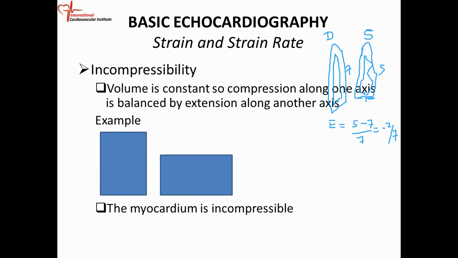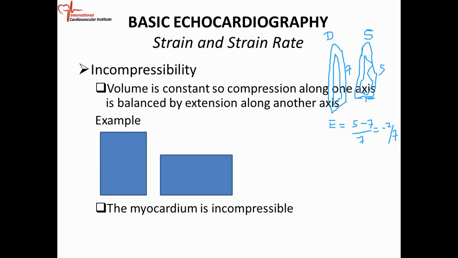Okay, and again, just to drive home the message, the overall volume of the heart is relatively constant, even though in systole it shortens and in diastole it lengthens. But when the heart shortens in systole, it thickens. So the overall volume is essentially the same.